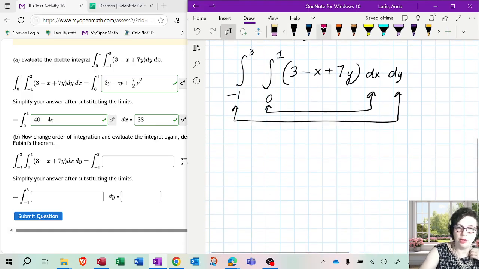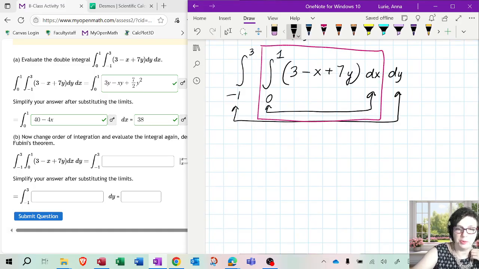Okay, so let's start with the inner integral. So let's start with this guy right here and integrate with respect to x first. And the outside integral is still negative 1 to 3. Okay, so 3 integrated with respect to x would be 3x.